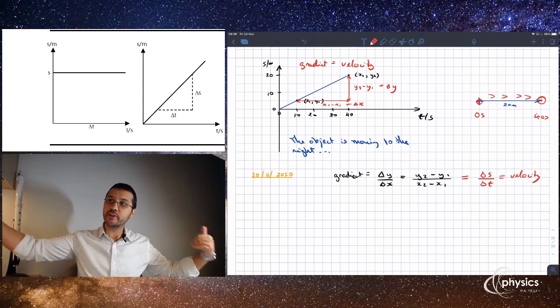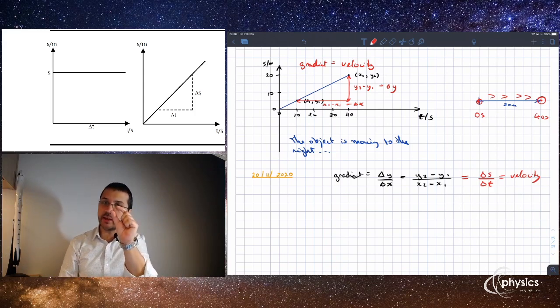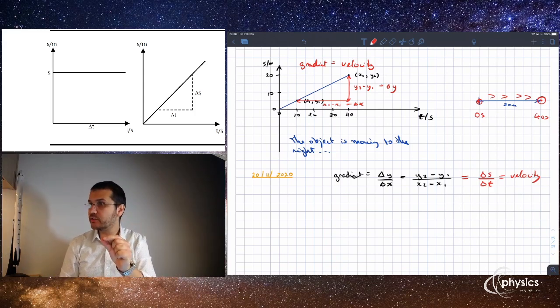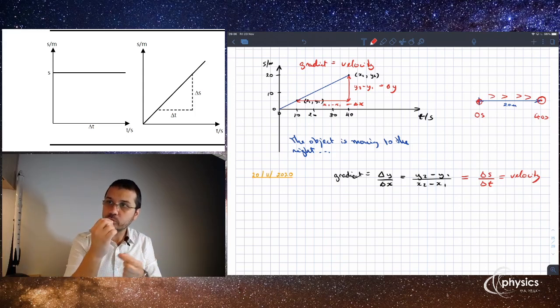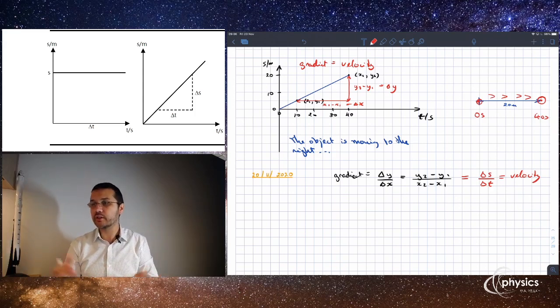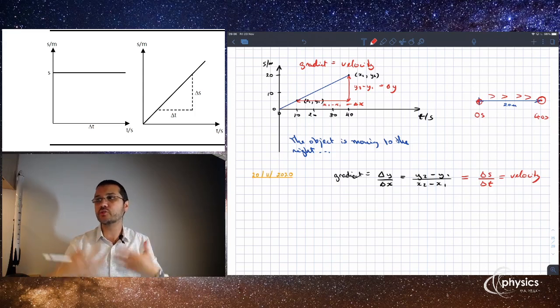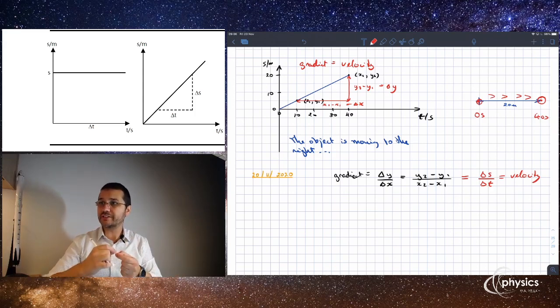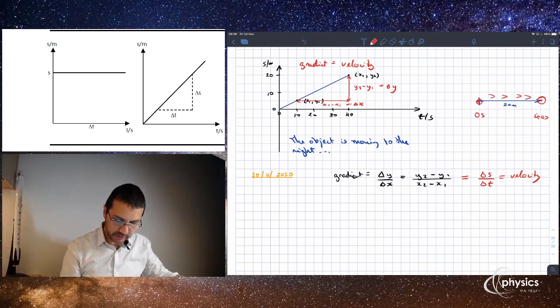But if you take them very far away, the same mistake will be a very small percentage of the change in y and change in x. Therefore, a small mistake when reading the coordinates will not affect the result so much. So take the points as far as possible from each other when calculating gradients.